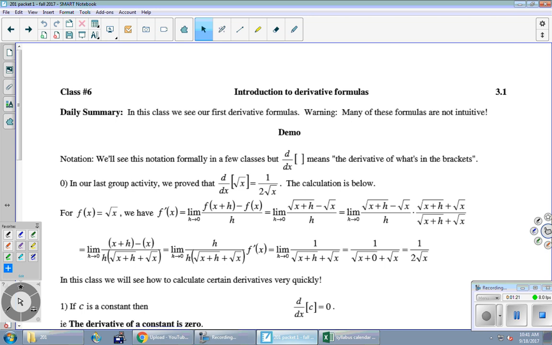And on YouTube, you can find videos of me solving those problems, and I think there's directions in the packet for how to do that. There's also links to the playlists in Moodle itself. But YouTube is only available if you have access to the internet, and if you don't have access to the internet at home, then you might prefer to have the actual digital video files.